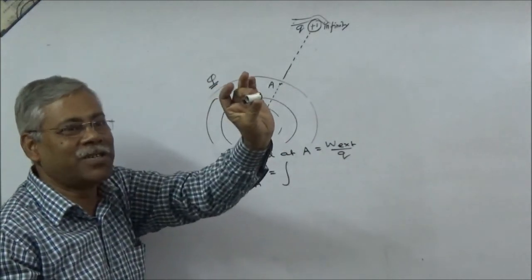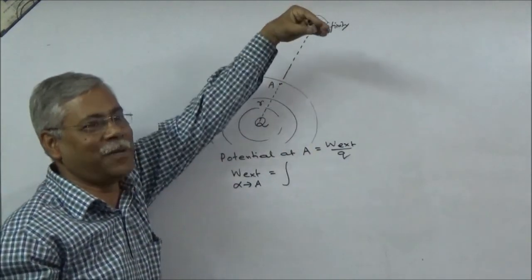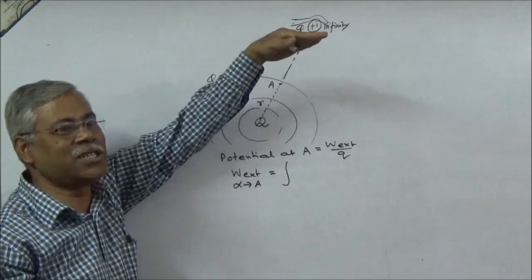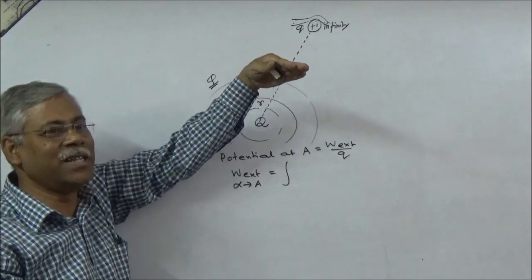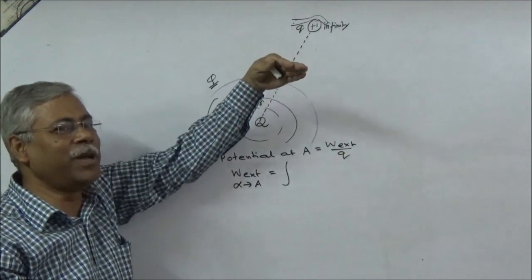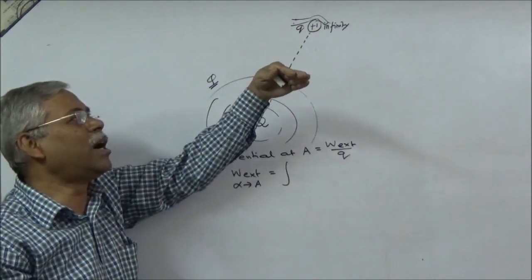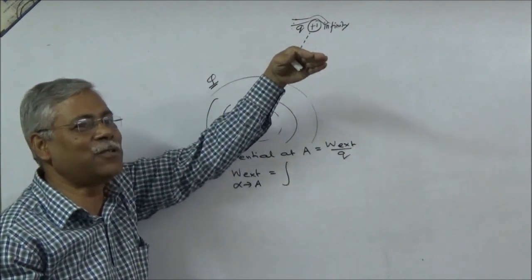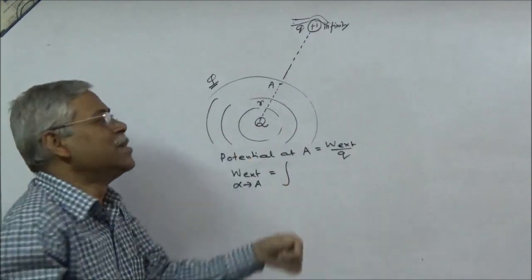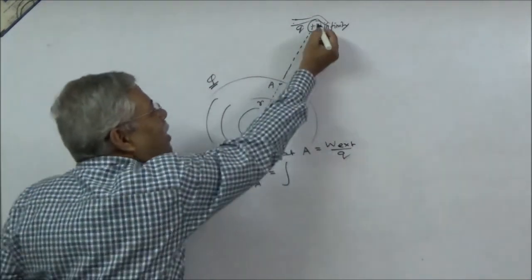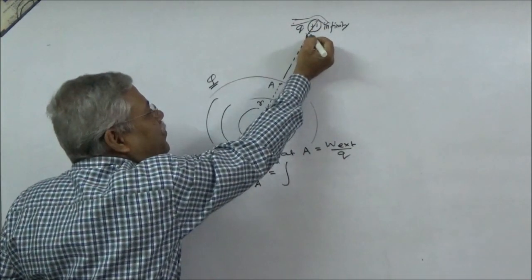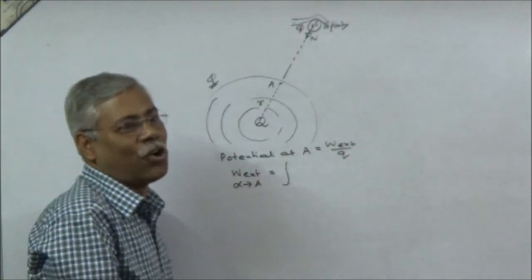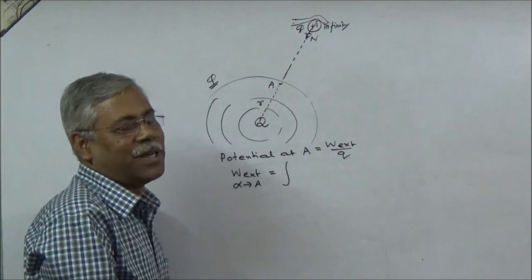It is trying to fly away, so you have to hold it and bring it. You are exerting normal force, and this is F external.